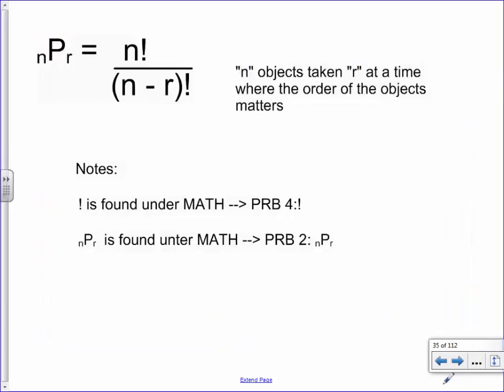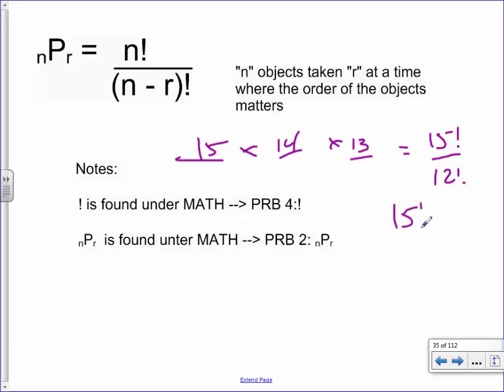Anyways, here's the thing I want to show you that's new today. If you have a scenario like 15 times 14 times 13, I've already shown you that this is equal to 15 factorial over 12 factorial. If you have something that looks like n factorial over n minus r factorial, we can write what we just did using this notation.